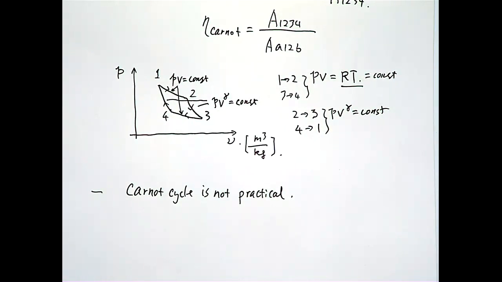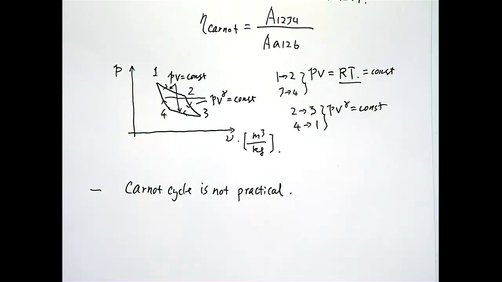So for example, the process we discussed here involves two isothermal processes. The first one is isothermal heat addition, and the third one is isothermal heat rejection. How do you achieve an isothermal heat addition process?